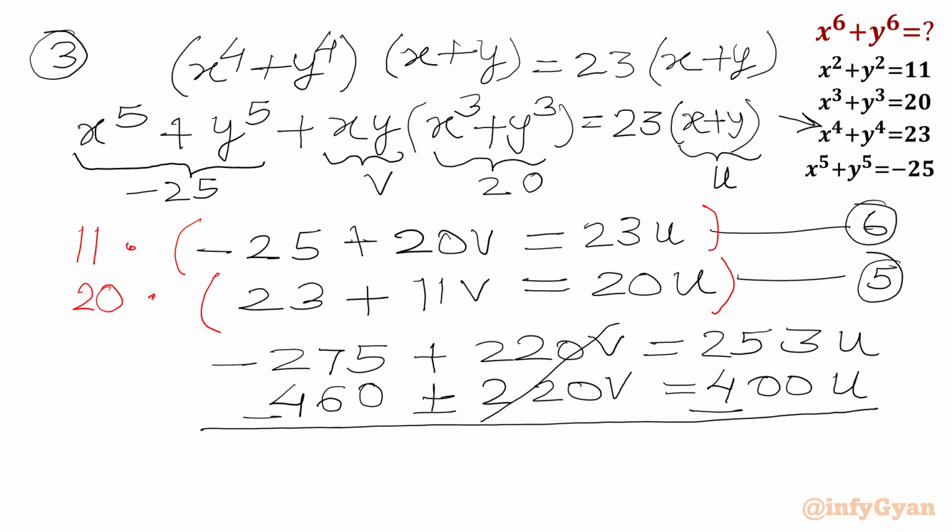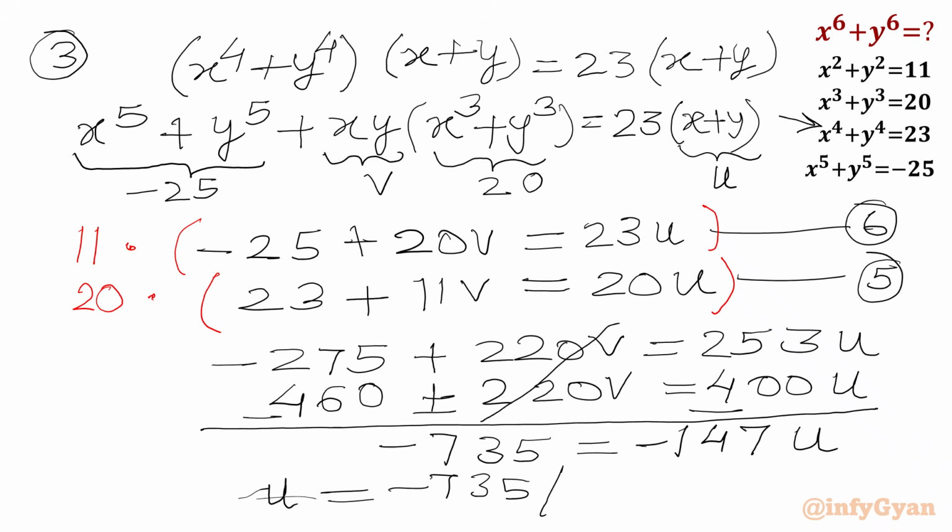Minus 275 minus 460 is minus 735, 253 minus 400, we will write here 147 with negative sign u. So u will come out minus 735 divided by minus 147. Value will be equal to 5. So u is 5.